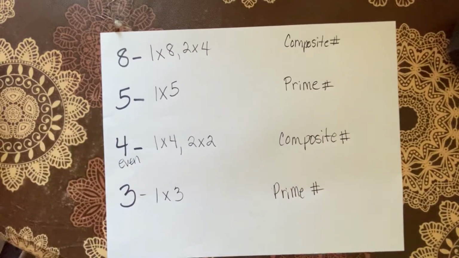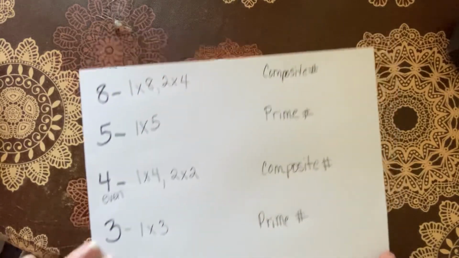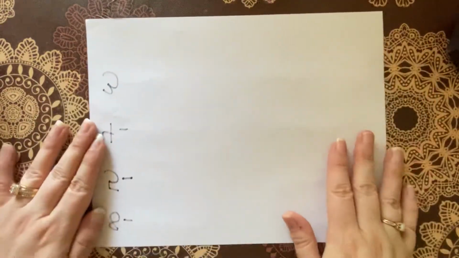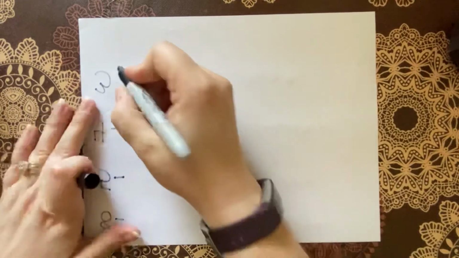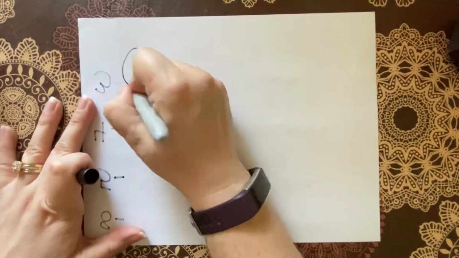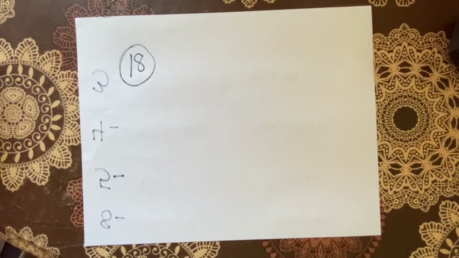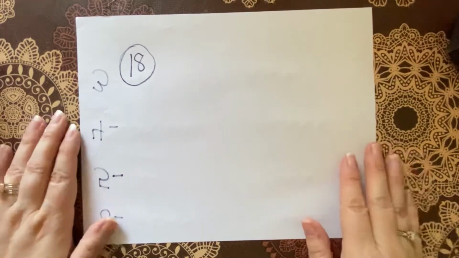So your goal today is to tell whether numbers are prime or composite, and to tell what factors they have. So for instance, if I get a random number, let's say I get the number 18, and I want to tell whether that number is prime or composite.